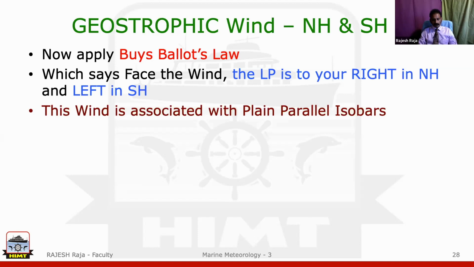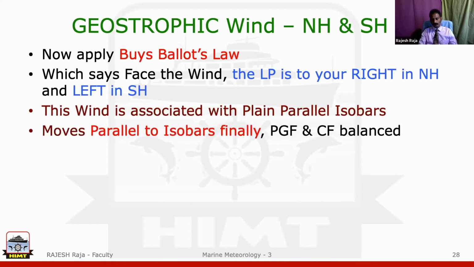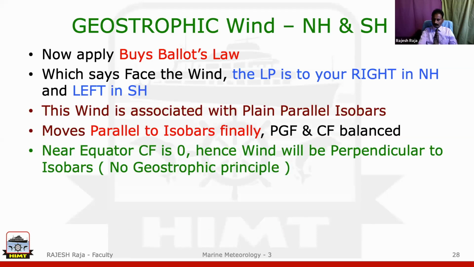This wind, what I had shown you, is associated with plain parallel isobars, which is not very often. It is a little bit rare. You get a lot of other isobaric patterns. Now, when this final movement I told you is parallel to the isobars, your PGF and CF are balanced. Near the equator, the Coriolis force is 0.